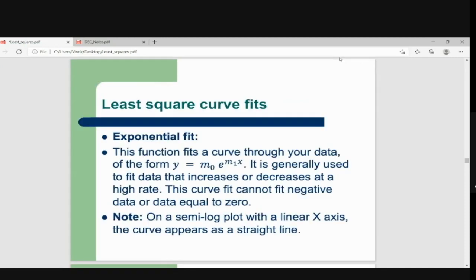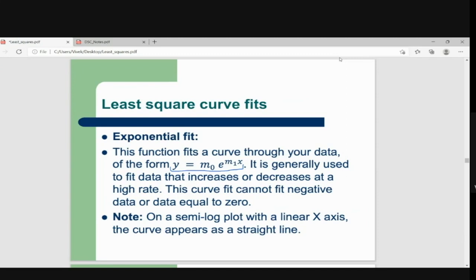In the case of exponential fit, this function fits a curve through your data points, and this is my exponential curve. So I can use this exponential curve also to do the least square fitting. It is generally used to fit data that increases or decreases, because just by looking at the data we may find that it looks like an exponential function.